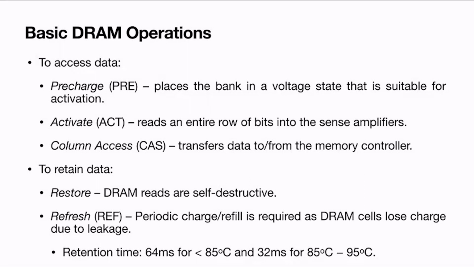That means it retains the data for a shorter duration, only 32 milliseconds. Otherwise, if it is up to 85 degrees centigrade, once it is refreshed, the data is going to be there for 64 milliseconds. That means every 64 milliseconds, I need to refresh the DRAM cells, otherwise the data is going to be lost.